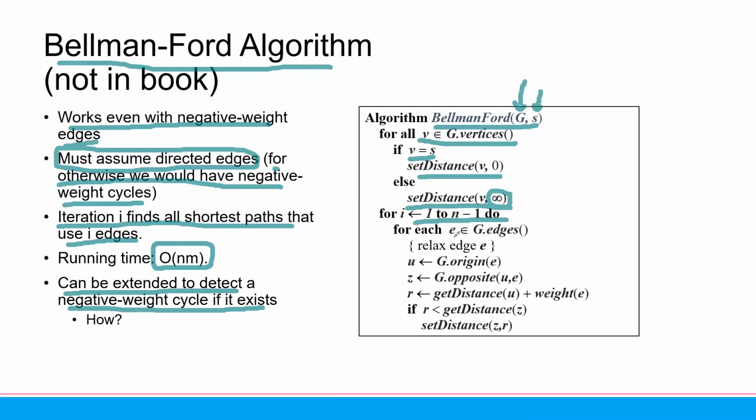And then we want to check for every possible edge. Let u be the origin of the edge e, and then let z be the opposite of u, comma e, and then r will be the distance of u plus the weight. If r is less than the current distance, then let's set the new distance.